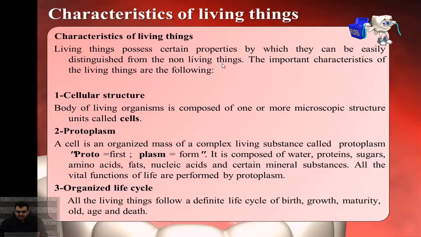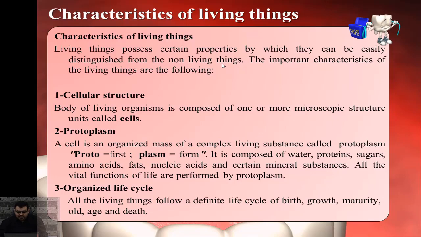A cell is an organized mass of complex living substance called protoplasm. Proto means first, plasm means form. It is composed of water, proteins, sugars, amino acids, fat, nucleic acid, and certain mineral substances. All the vital functions of life are performed by protoplasm.